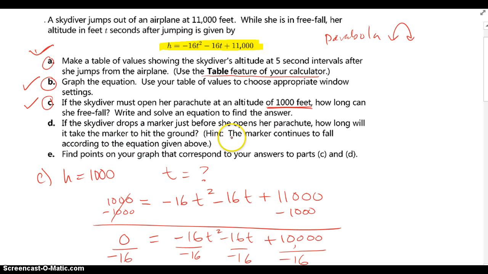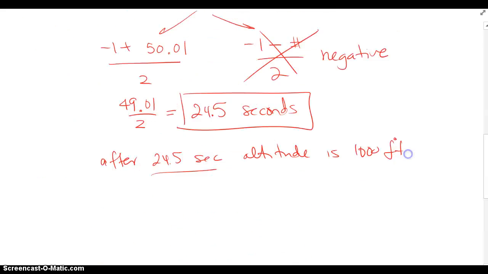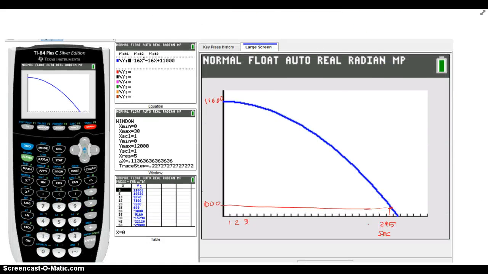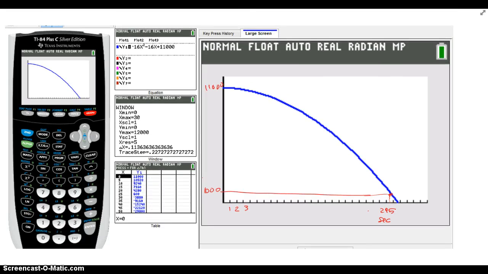And this piece of information should have still been on your online homework, which I believe it isn't. It's assuming that once the marker gets dropped, that marker is going to drop the way this equation behaves. So let's go look at part D. It's basically saying, here's where our skydiver opened the chute.